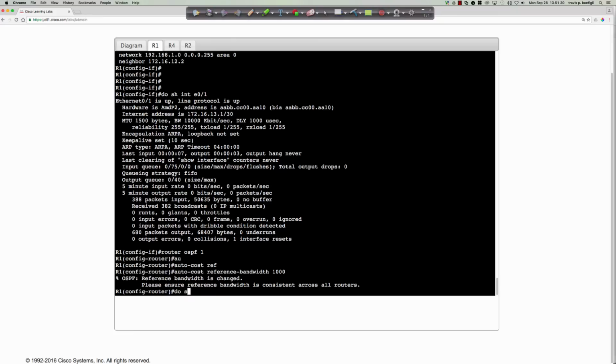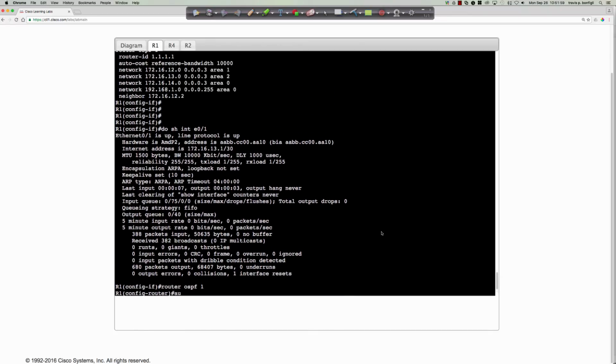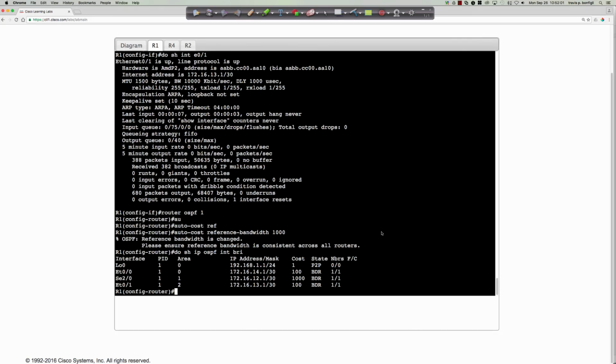Now when I say do show IP OSPF interface brief, the costs of Ethernet 0/0 and Ethernet 0/1 have been adjusted down, because the reference bandwidth of 1,000 divided by the interface bandwidth of 10 megabits a second gives us a cost of 100. And as you can see, it's very straightforward. It is not that difficult.